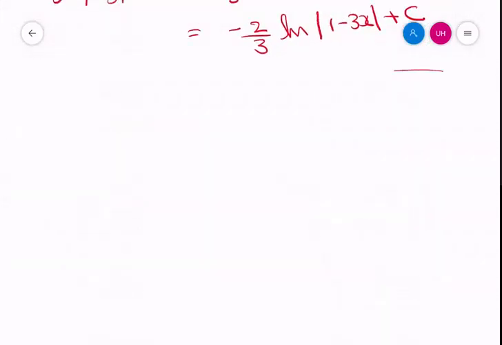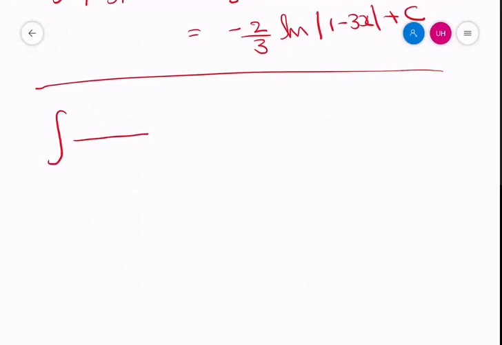Okay, it's the integral of x plus 4 over x plus 6 dx.